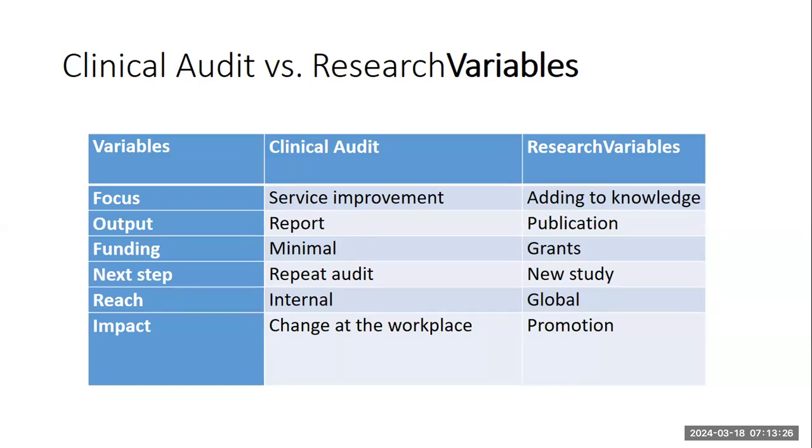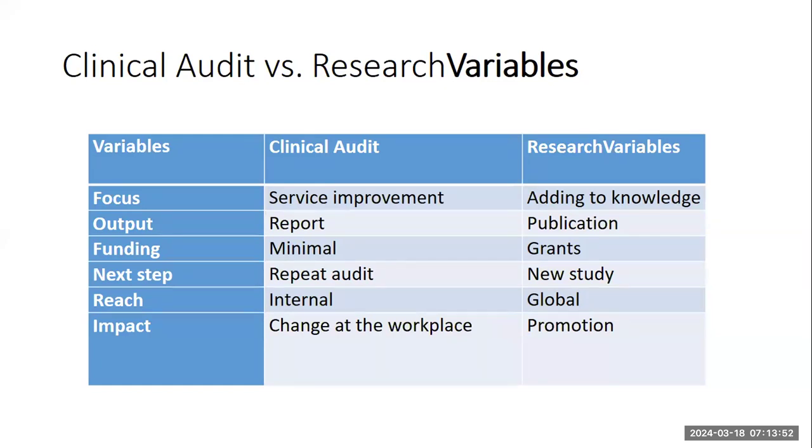The output in clinical audit is reports, while the output in research is publication. Minimal funding may be required in clinical audit, and grants may be needed for the research process. The next step of clinical audit is to repeat the audit and repeat again, while for research it is a new study.